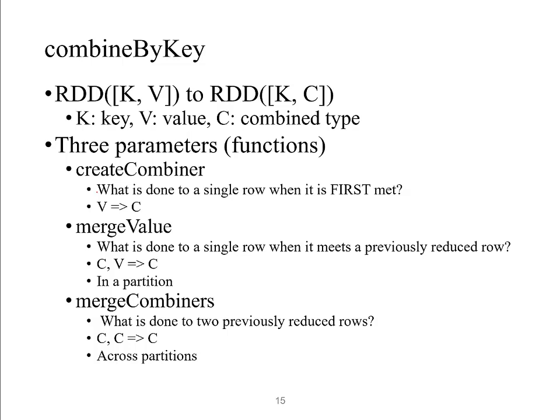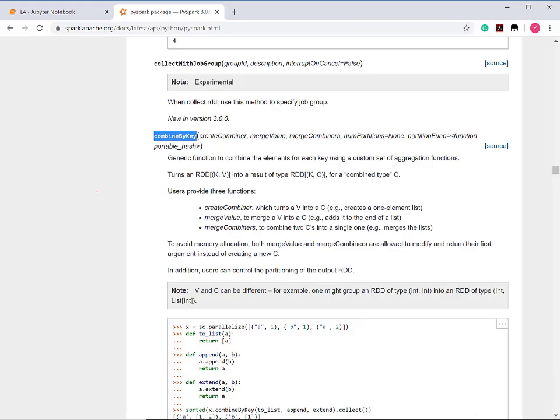All right, so now let's look at combineByKey. If we look at the API, the functionality of the method is a generic function to combine the elements for each key using a custom set of aggregation functions.